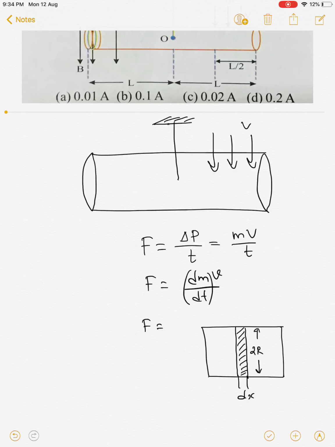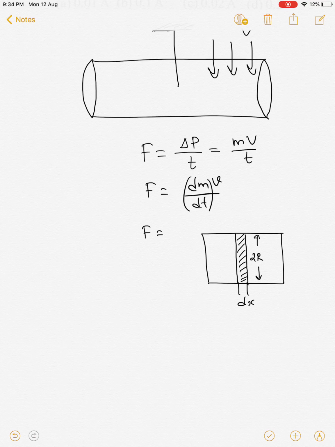So we can find out the mass of air which is sitting over there. This mass is equal to density into volume, and volume of that small portion we can take as area into length. Area we can take as 2r into dx, into the length or the distance which is covered by the air molecule.